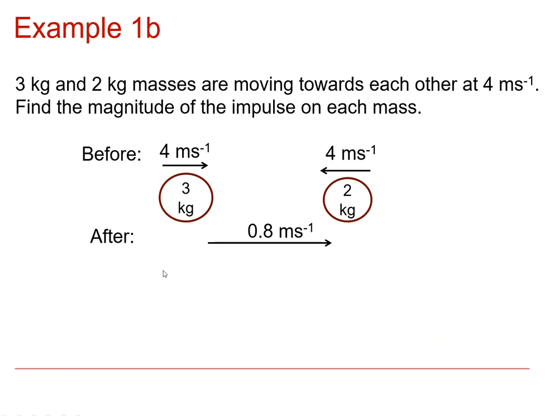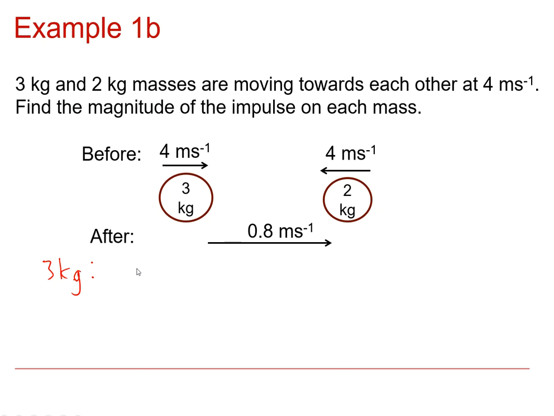Now in the second part of the question, we're asked to find the impulse on each mass when that happens, when they stick together and coalesce. Now remember, the impulse is just the change in momentum. We can see that the initial momentum of this 3 kilogram mass is going to be 3 times 4, and the final momentum is 3 times 0.8.